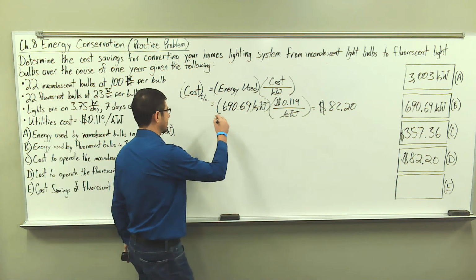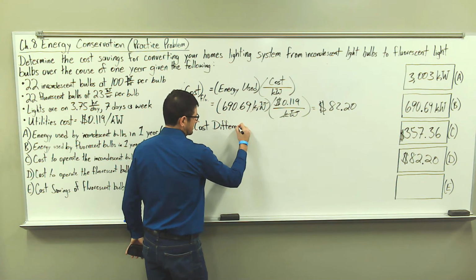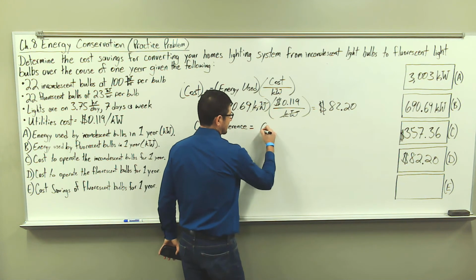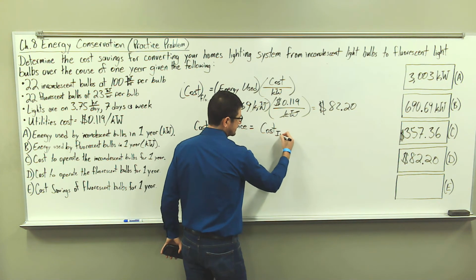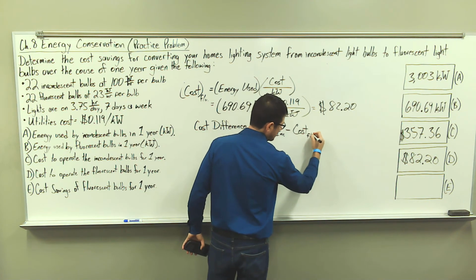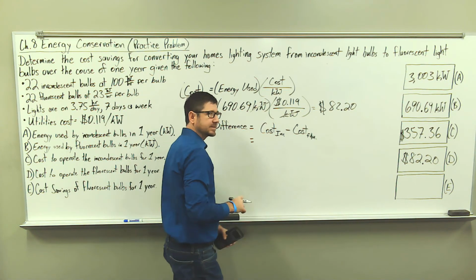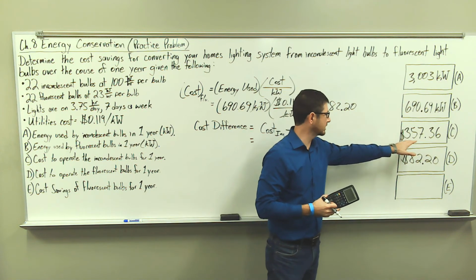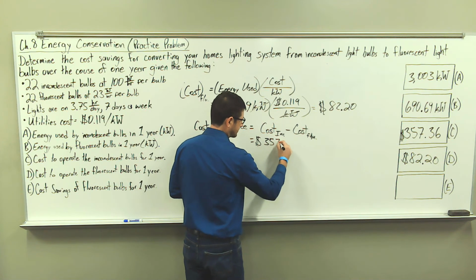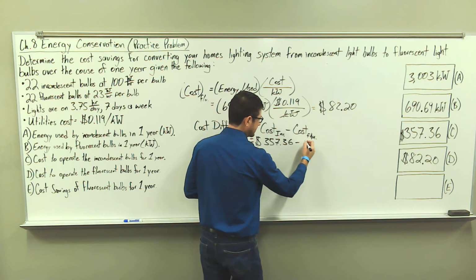Okay, so the cost difference is going to be the cost of the incandescent bulbs minus the cost of the fluorescent bulbs. So the cost of the incandescent bulbs, we're going to use our calculated value in part C here, $357.36 minus $82.20.